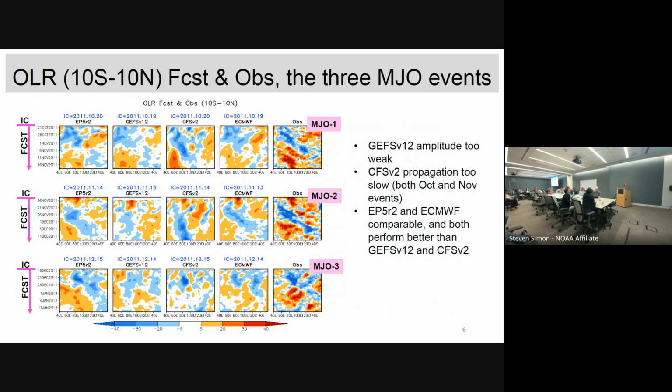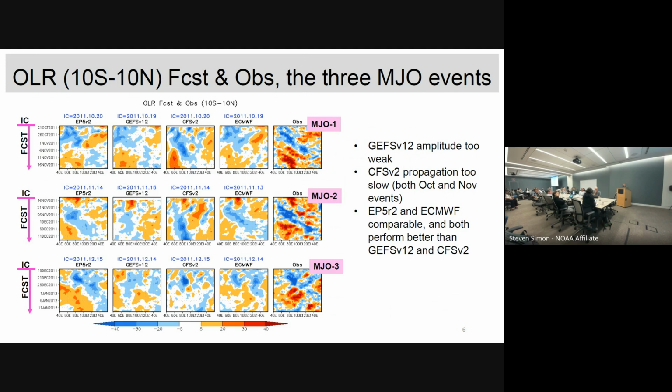This 30-day forecast starts from initial conditions on or near October 20th for EP5R2, GEFSv13, CFSv2, and ECMWF forecasts. And here I also show the observations as a reference that we can compare to.